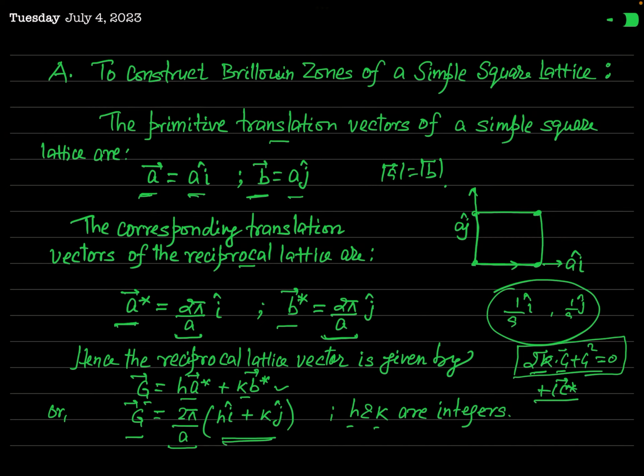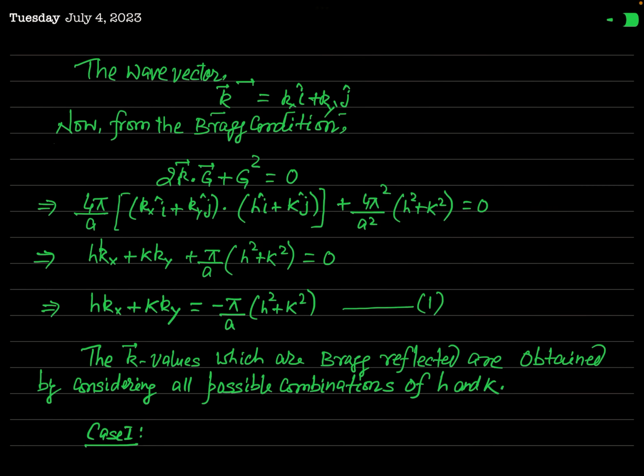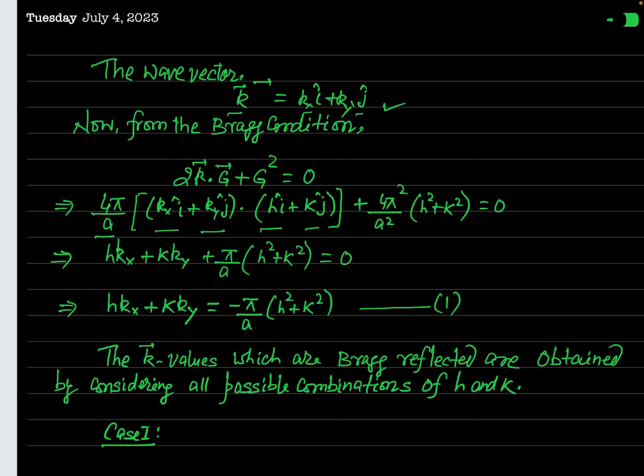Kappa and G are this much, and in the first term there is 2 kappa dot G. So this will be 4 pi over a times kappa x i plus kappa y j dot H i plus K j, and plus G square.